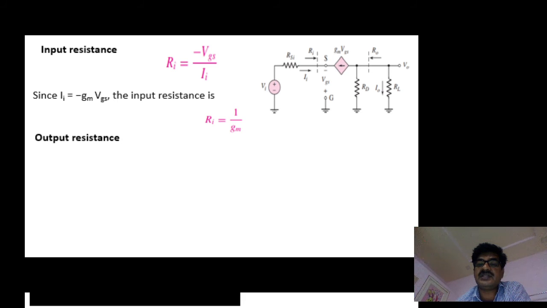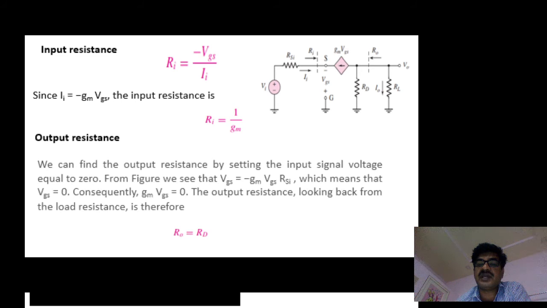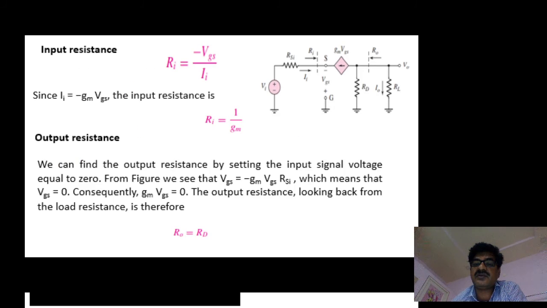And coming to output resistance, the condition is that independent sources should be 0. Therefore Vs, which means Vi, becomes 0. When Vi is 0, it is like a short circuit. Then the gm VGS also becomes 0, therefore it acts as an open circuit.